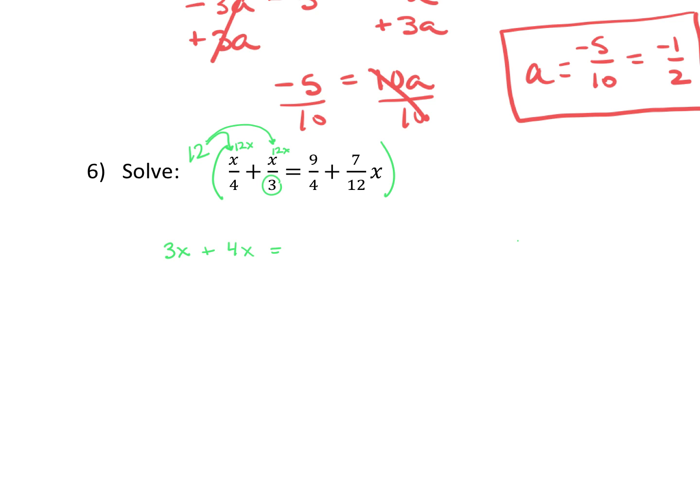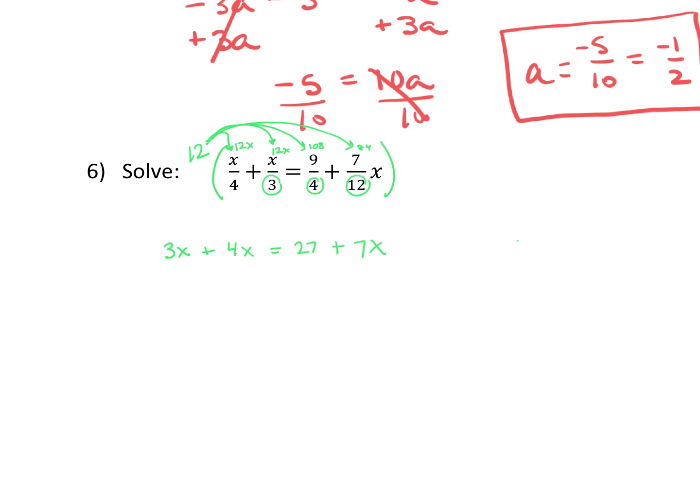Carry down our equal sign. 12 times 9 is 108. And when we divide that by 4, we get 27. Plus 12 times 7 is 84. Divided by 12 is 7. And then this one had that x that's just going to carry down.